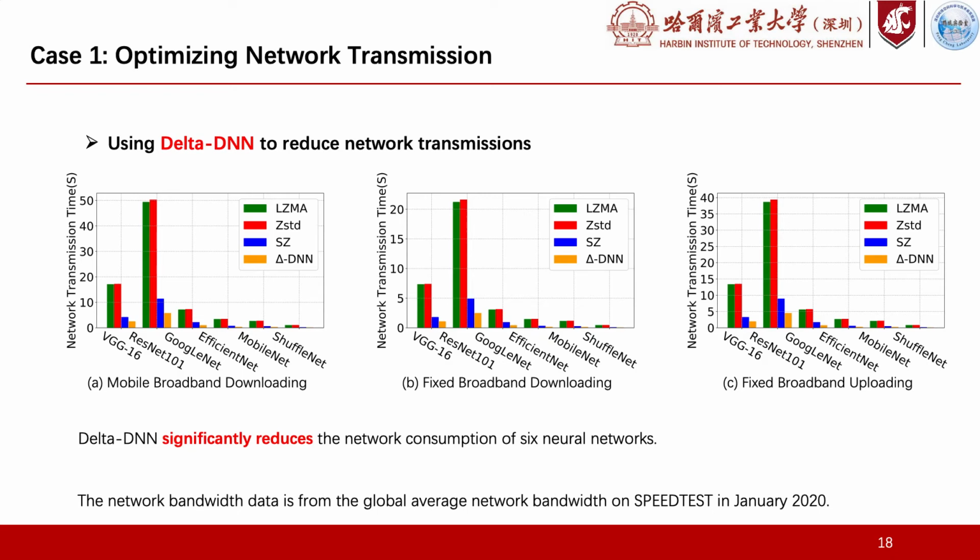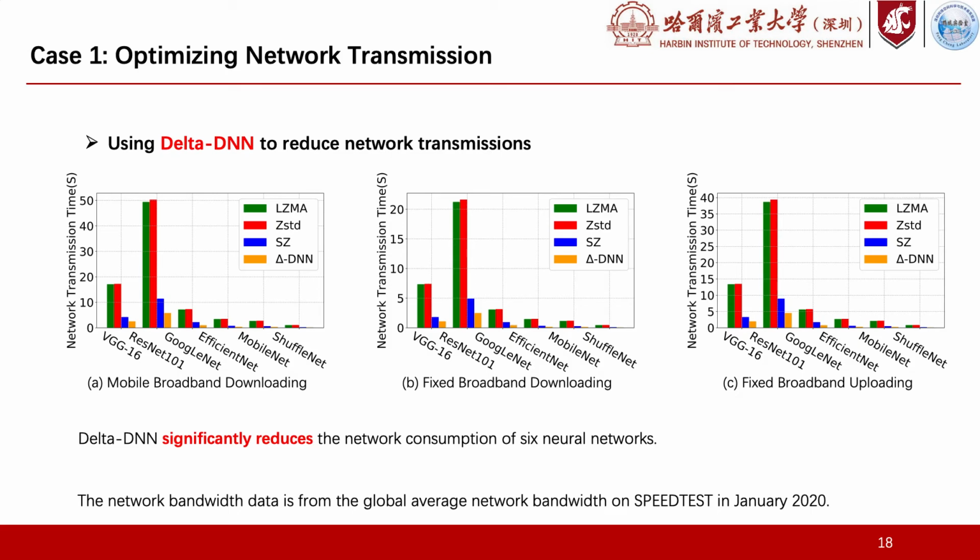Here are the results of case 1, optimizing network transmission. We consider the network configuration for this case including the upload of fixed broadband, and the download of mobile broadband and fixed broadband. The network bandwidth state is from Speedtest.net in January 2020.